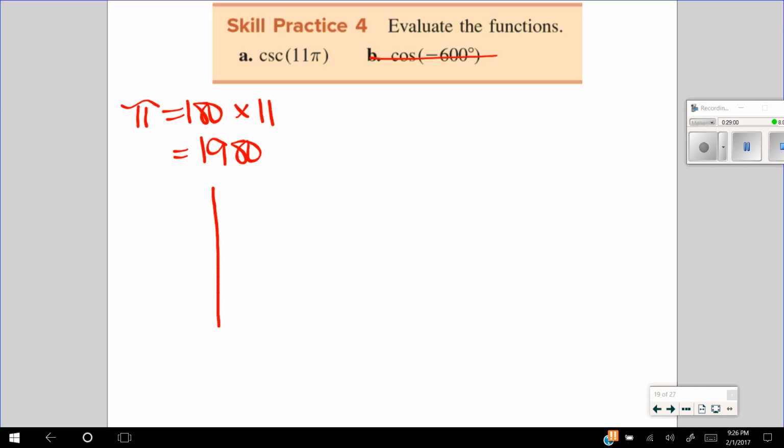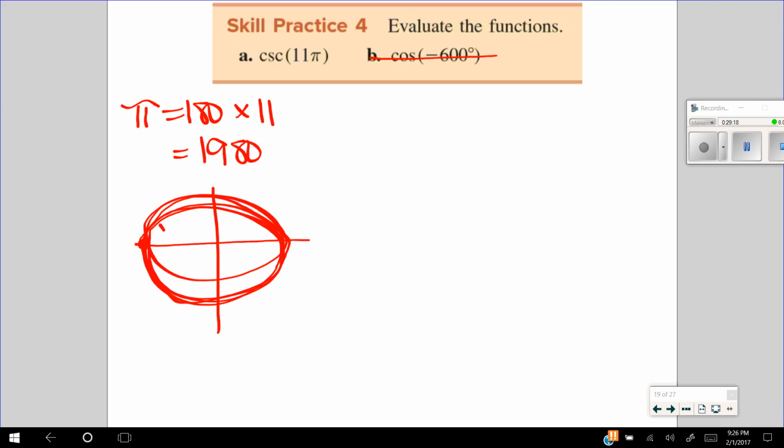Or you can know that if pi is right here, if we just do that 11 times, it's 11 semicircles, right? Here's 1 pi, 2 pi, 3, 4, 5, 6, 7, 8, 9, 10, 11. I'm right back where I started. It's the same as 1 pi, right? Well, what are the coordinates over there? Coordinates over there are negative 1, 0.